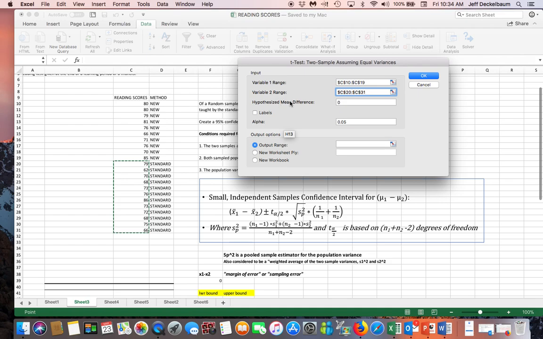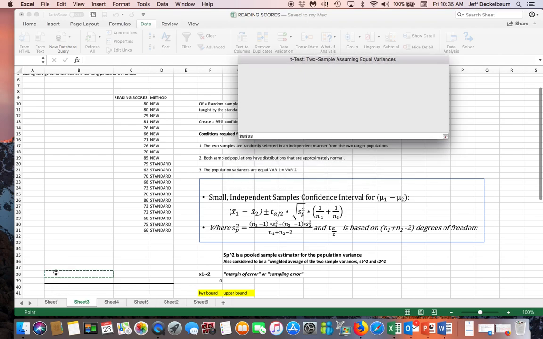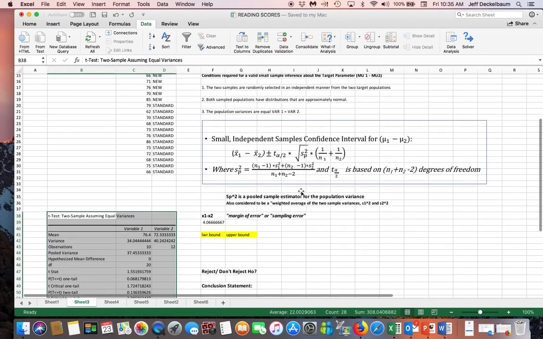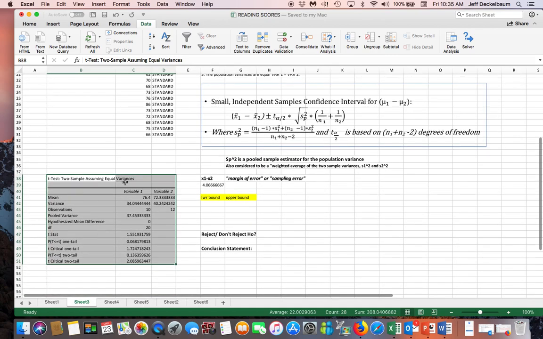The hypothesized mean difference is 0. We're not using labels, we're not going to check that. Our alpha, as defined by the 95% confidence interval, is 0.05, and we're going to put our output right here in this block. We're going to click OK, and here is our data.